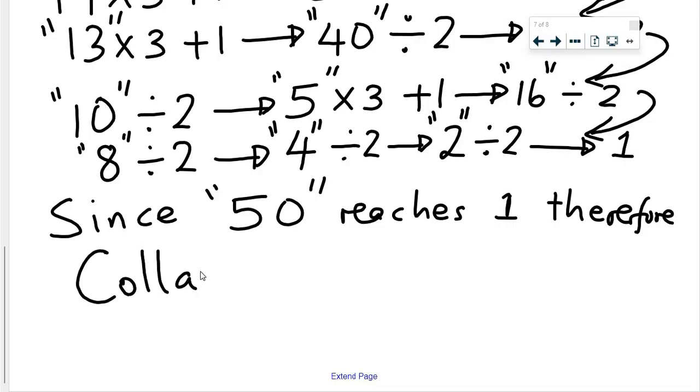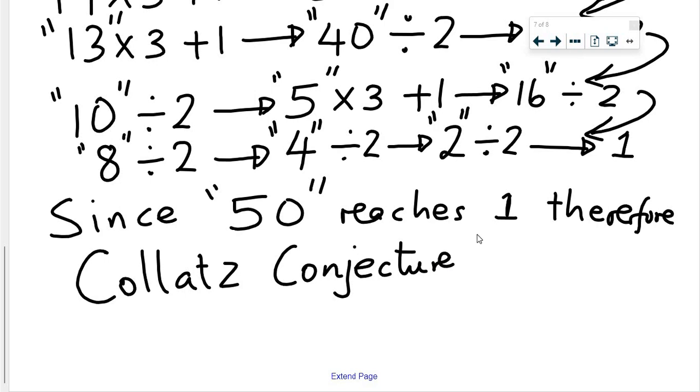Collatz's conjecture. Some other people call it a rule, because conjecture can be used in place of the word rule. So since 50 reaches 1, therefore Collatz's conjecture holds.